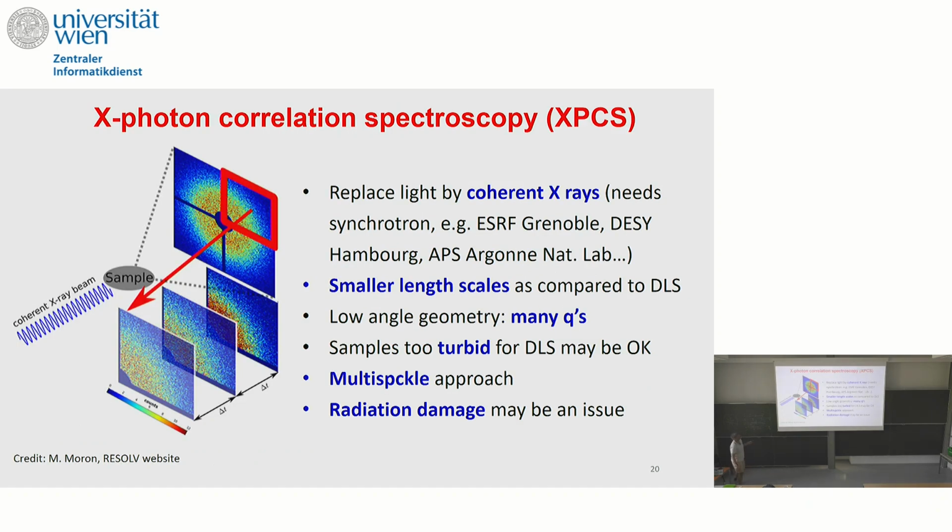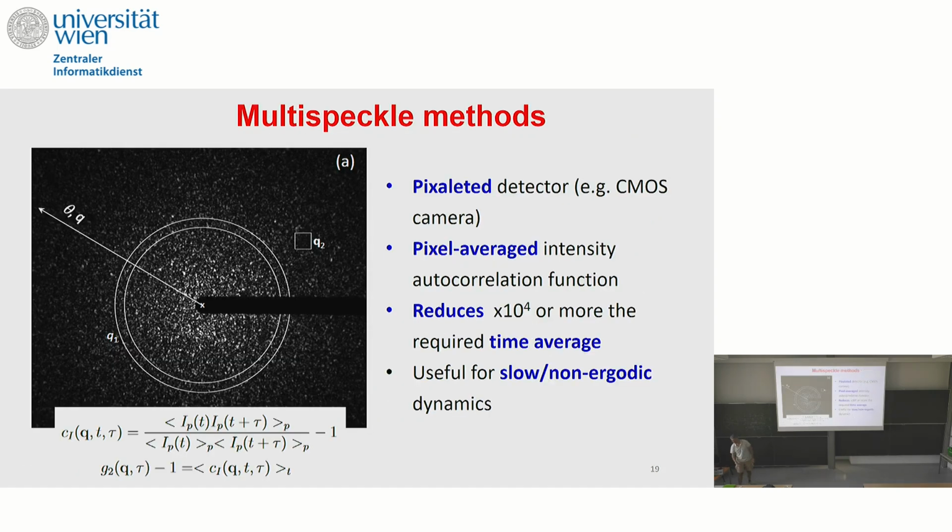XPCS. Yes? So you're saying that the measurement results for different theta angles are essentially independent in this experiment. If you move from one speckle to another, one can show that each speckle is associated to a specific Fourier mode of the distribution of particles in your sample, and distinct Fourier modes are fully independent.